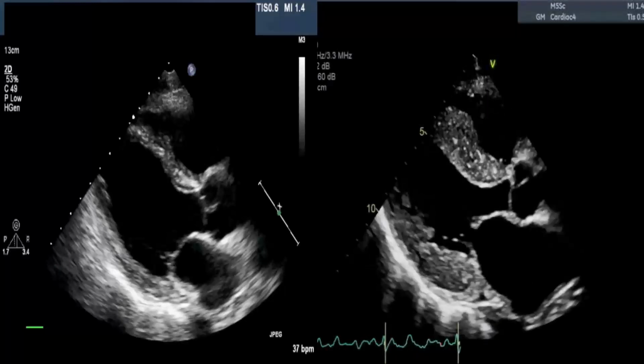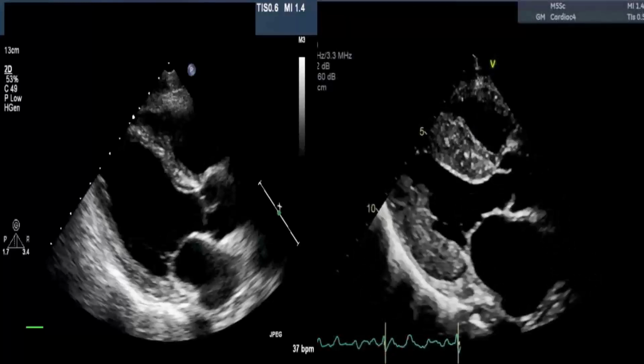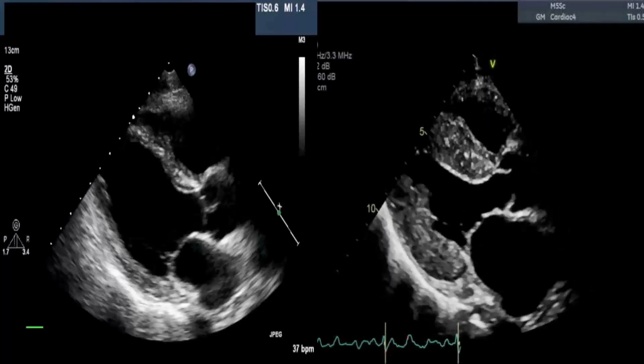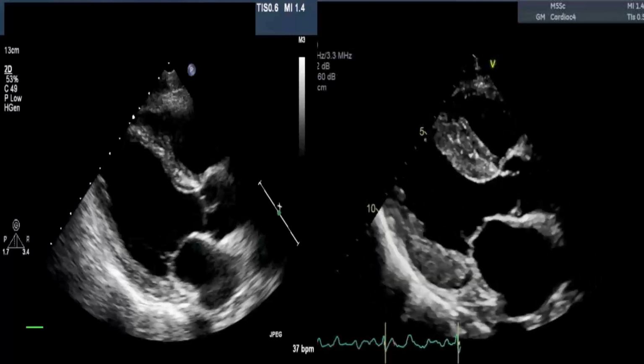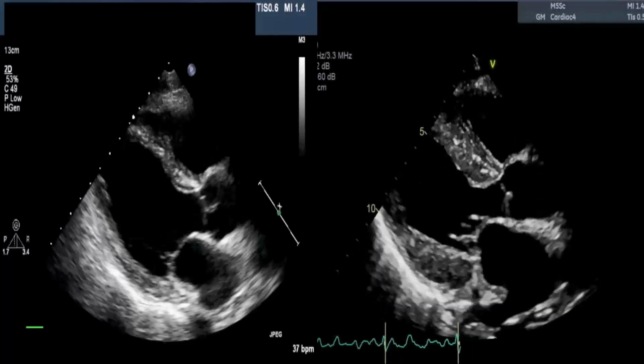And this is the echo on this presentation. Feel free to write whatever you think is the diagnosis in the chat box, and then I will go back to the echoes and explain them. So that's 10 years ago and that's now.